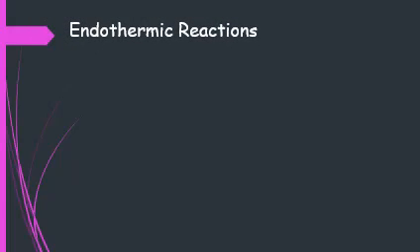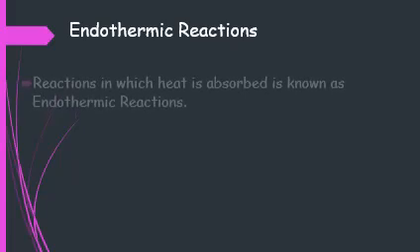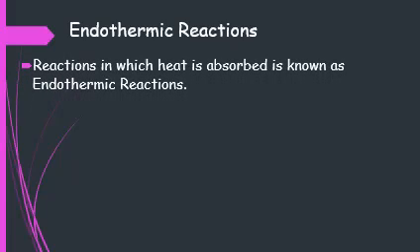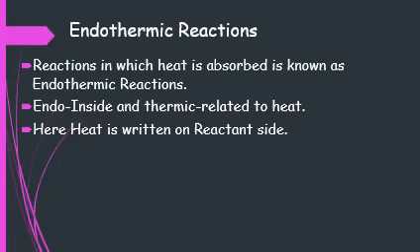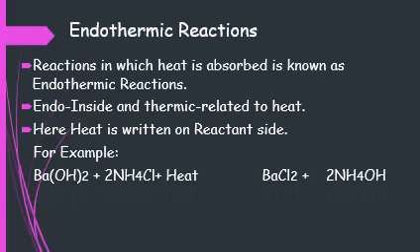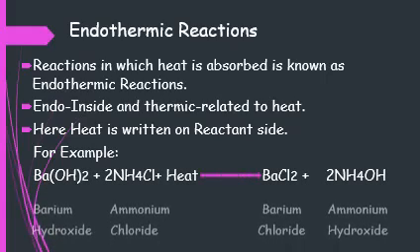What are endothermic reactions? Reactions in which heat is absorbed are known as endothermic reactions. Endo means inside and thermic means related to heat. Here, heat is written on reactant side and not on product side. For example, this is the example given.